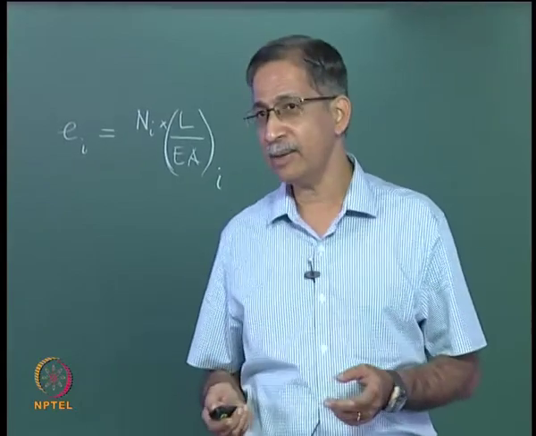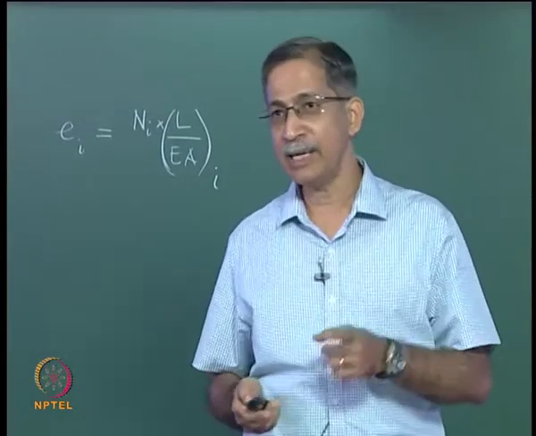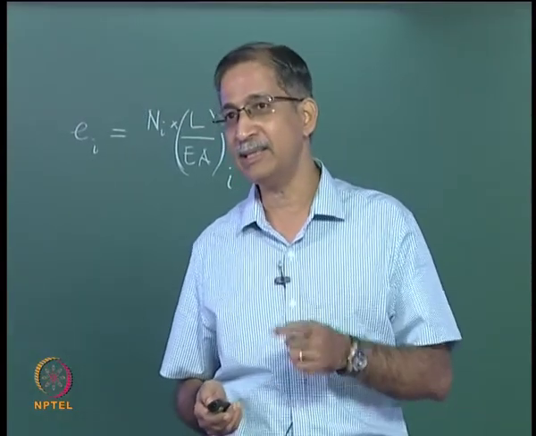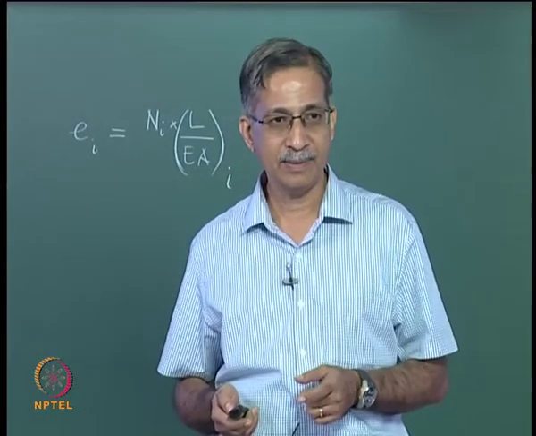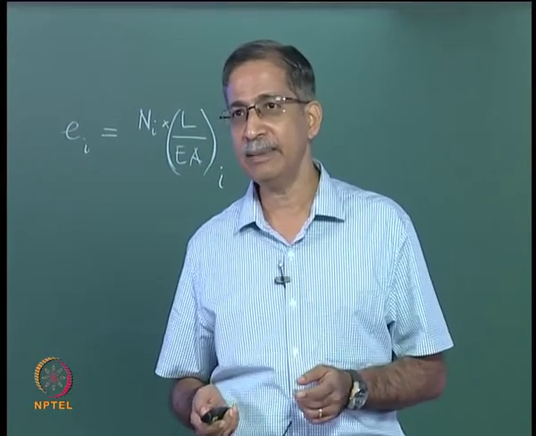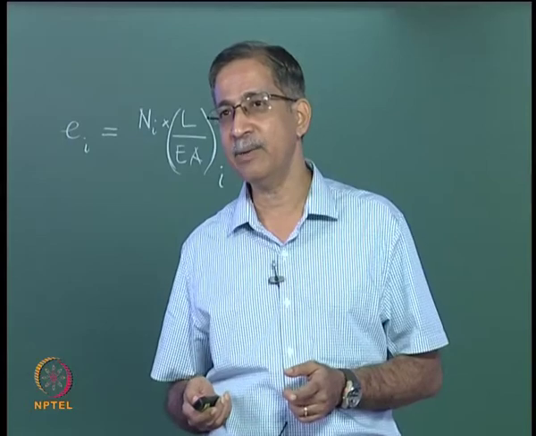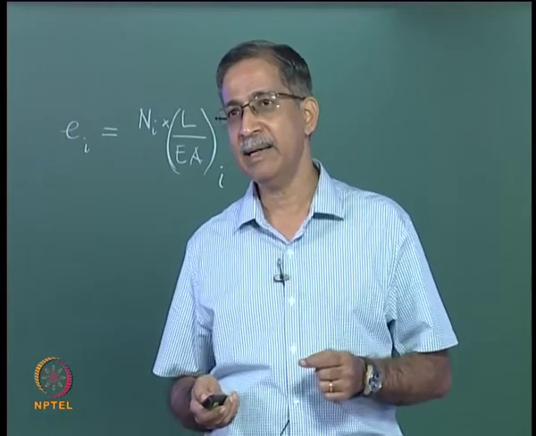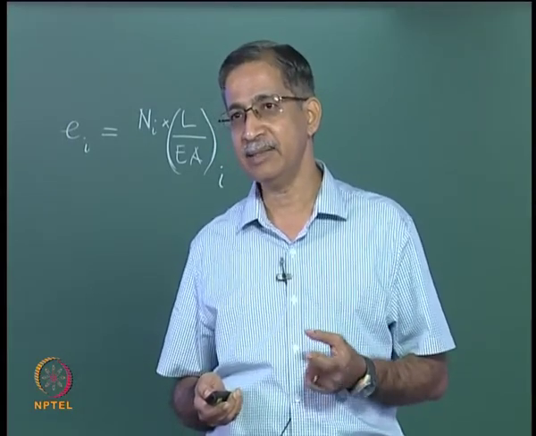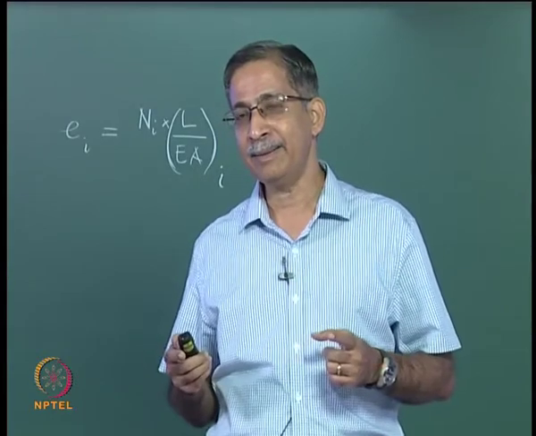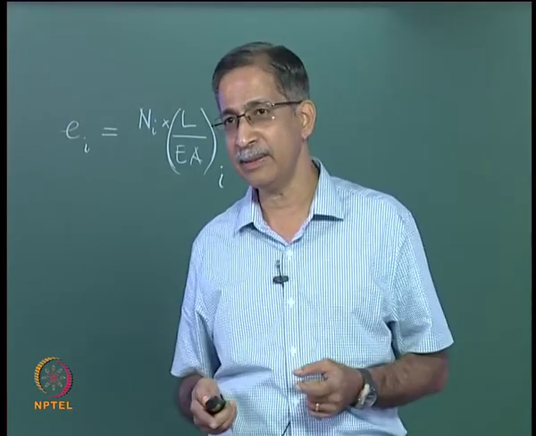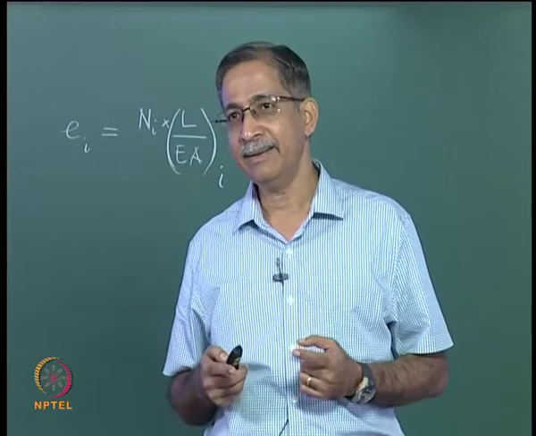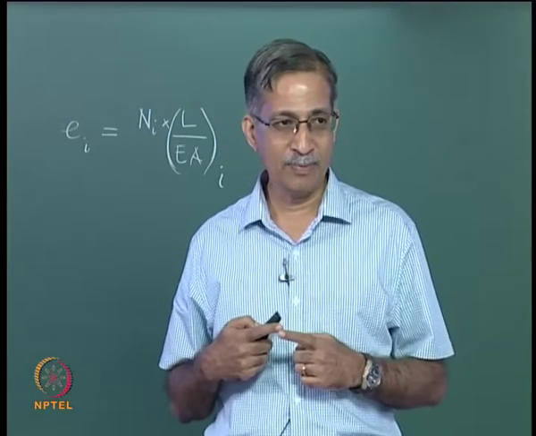And once you've got the bar elongation, actually you can locate the displaced position of the joint P. You can do it geometrically. I have shown a picture here where AB has reduced in length and BC has reduced in length, but if they were to be the way it is shown in this picture, then they do not meet, but we need to make them join.